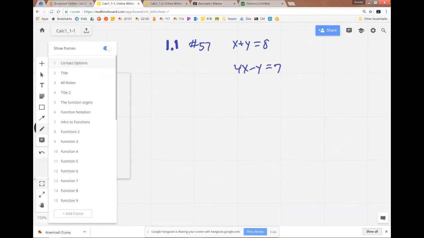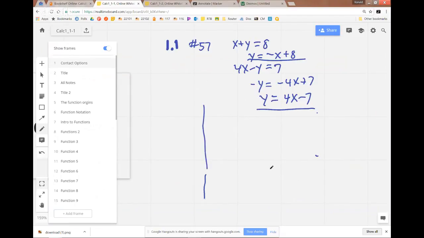I like to solve for y. So y equals negative x plus 8. And on this one, negative y equals negative 4x plus 7, y equals 4x minus 7. So I would take those two and then plot in slope-intercept form.